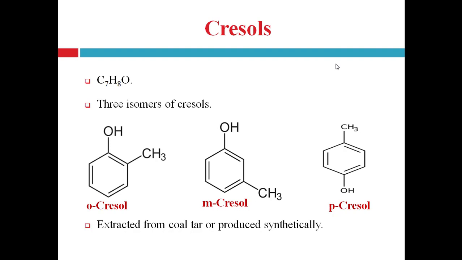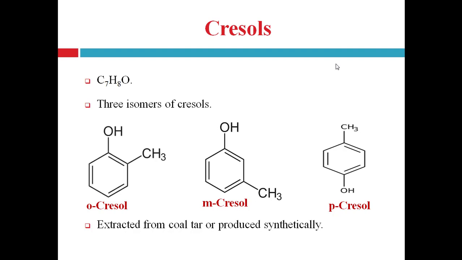And hydroxytoluene means a ring having a CH3 group plus an OH group, right? That's why it is known as hydroxytoluene, or methyl phenols. Phenol means a ring having an OH group, right?